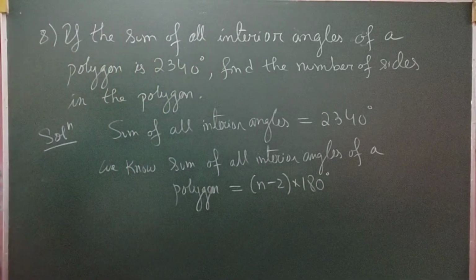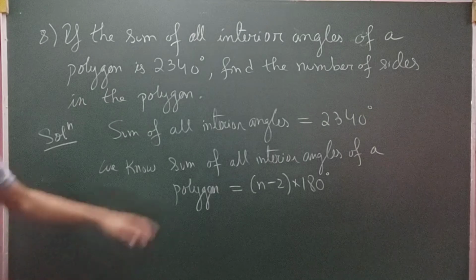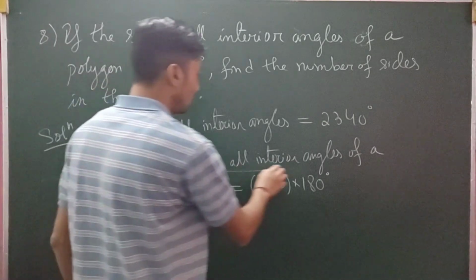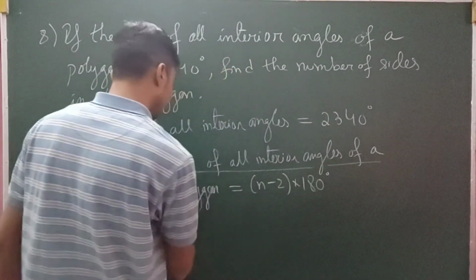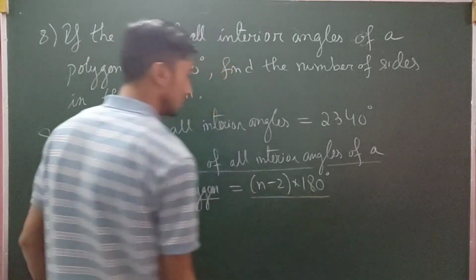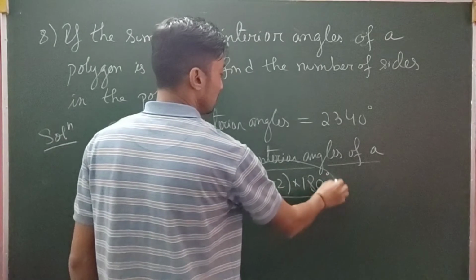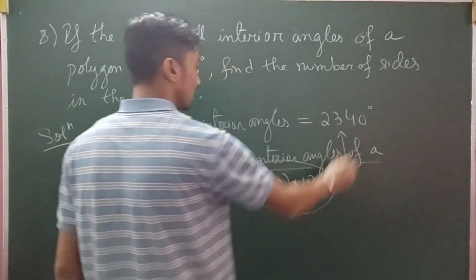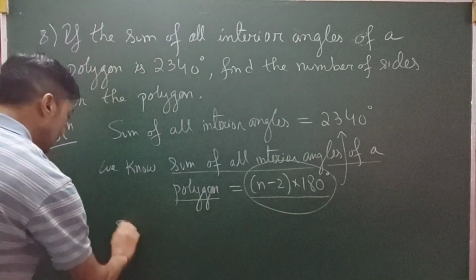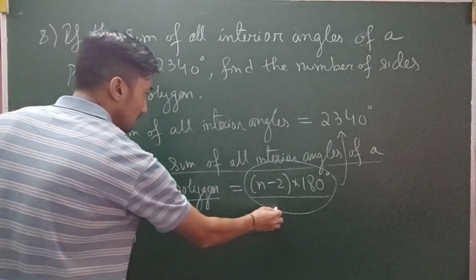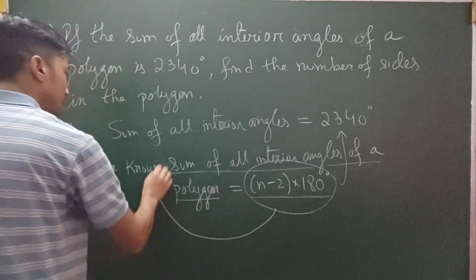You remember that? So this is the formula that is given. Sum of all the interior angles of a polygon is n minus 2 into 180 degree. And what they say is that this value is 2340. So in that case, we will put this here.